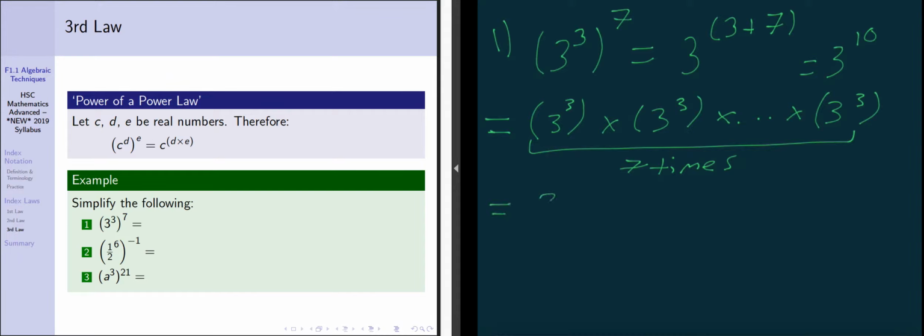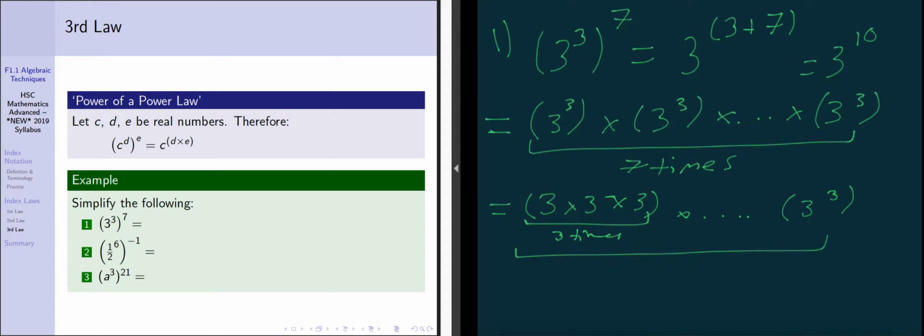So if we were to expand this a bit more, so you get an idea, you get packets of 3 multiplied by 3, so 3 times, and so this goes on, and so this is 7 times. So in total, the amount of times 3 is multiplied by itself would be 3 times 7 times.